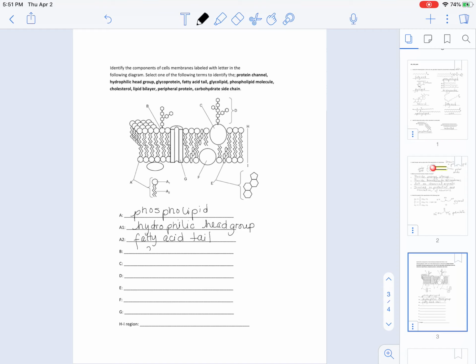Letter B is going to be a glycolipid. Letter C is the glycoprotein. Letter D is the carbohydrate side chain. Letter E is cholesterol.